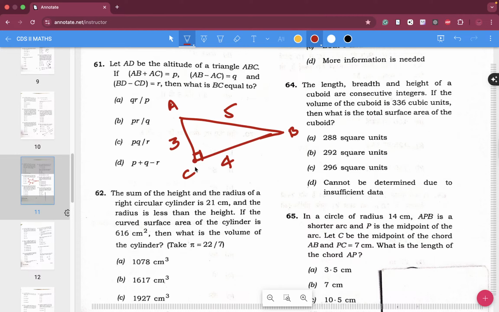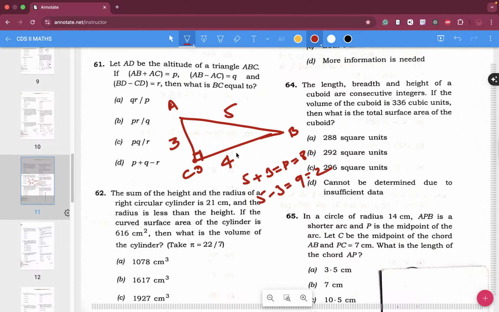So this is your C and this is your D. AB is 5 plus AC, AC is 3, is equal to P, which means P is equal to 8. AB minus AC, so AB is 5 minus AC is 3, which means Q is equal to 2.